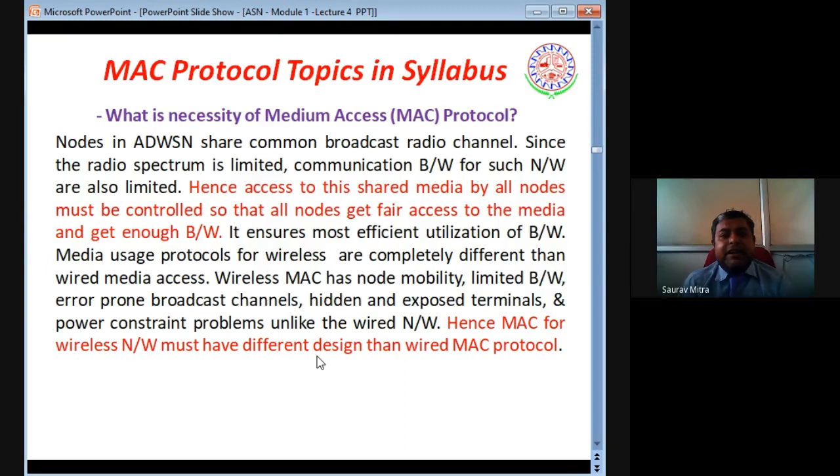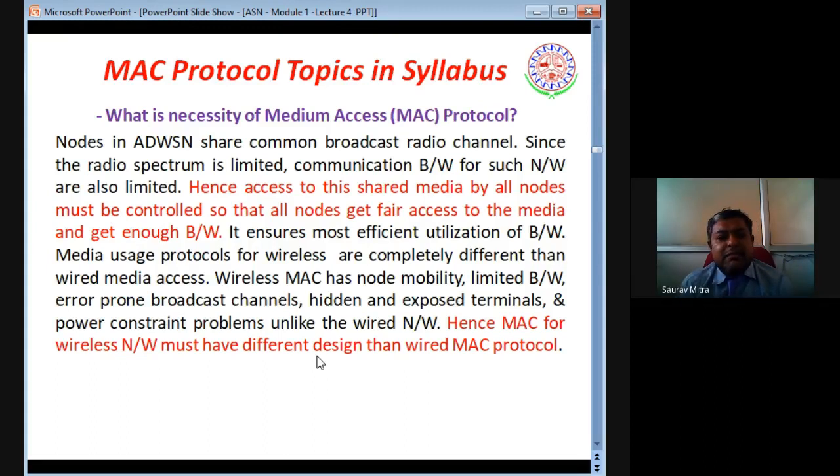Since the radio spectrum is limited, communication bandwidth for such networks is also limited. Hence access to the shared media by all nodes must be controlled so that all nodes get fair access to the media and enough bandwidth.